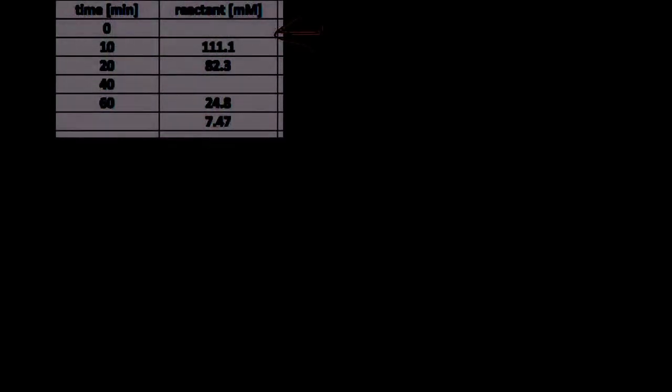Now we can use our equation, for example R_T equals R_0 times e to the minus k times (T minus T_0). That was one of the equations that I showed you.